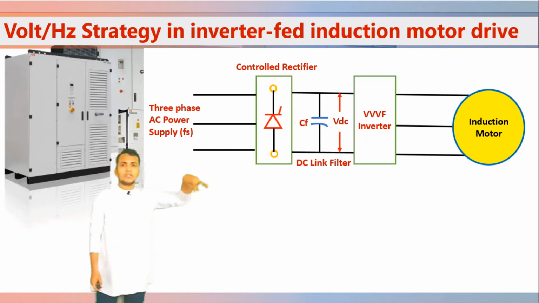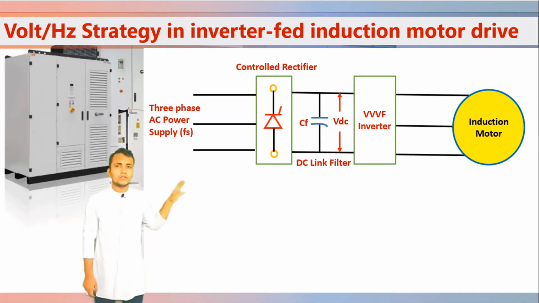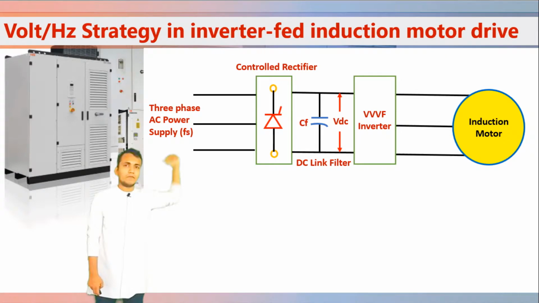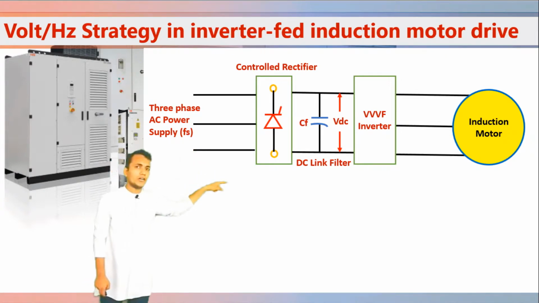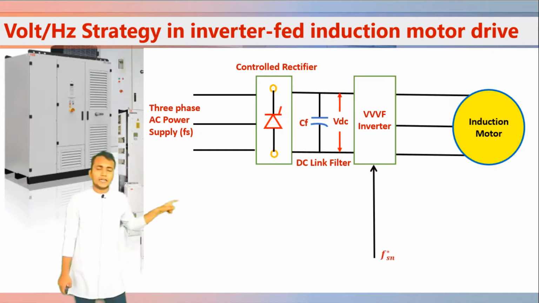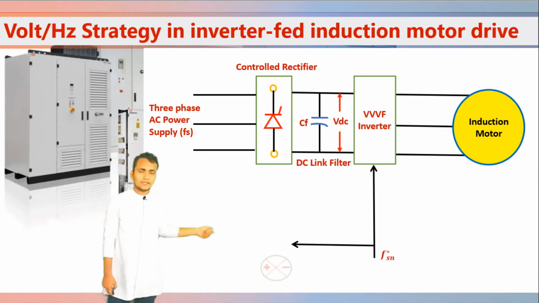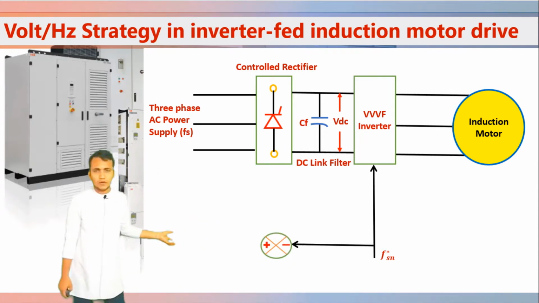Now we have introduced a volt-Hertz strategy for inverter fed induction motor drives. So here we have connected the feedback. From the inverter we take the lines, and that is called the reference frequency FSN star, which is connected to the summing point.